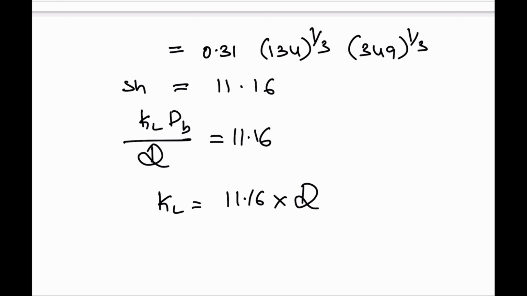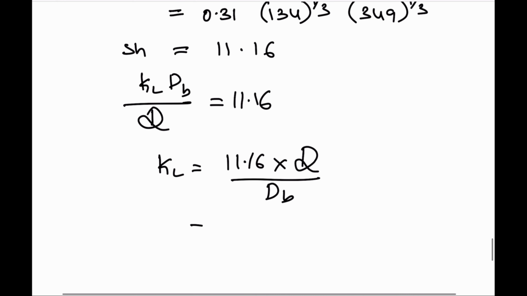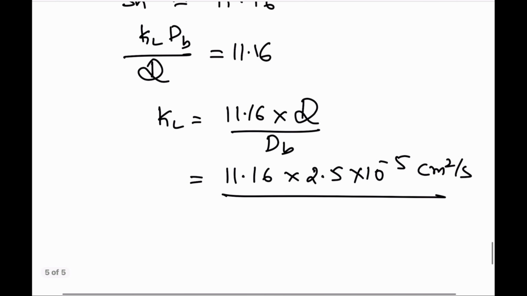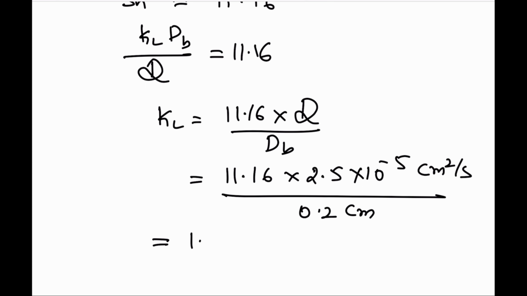We'll substitute it: 11.16 into 2.5 into 10 raised to minus 5, again centimeter square per second, divided by the bubble diameter, 0.2 centimeter. If you do the calculation, you are going to get 1.395 into 10 raised to minus 3 centimeter per second. This is the KL value.